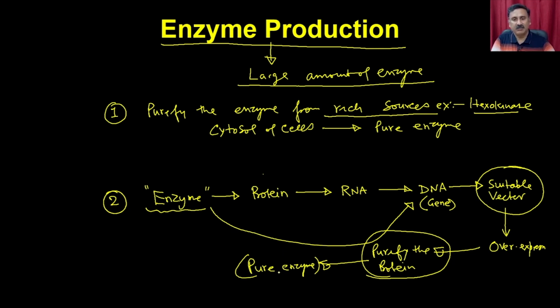That you can do because once you have cloned the gene into a suitable vector, you can transform that into a suitable host, and that's how you can make the protein in large quantities.